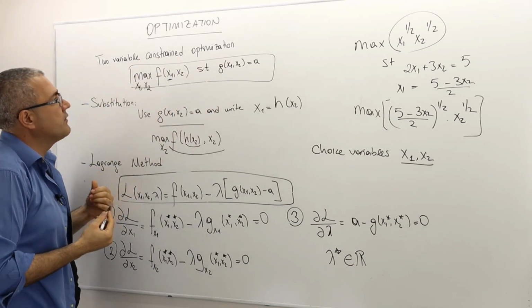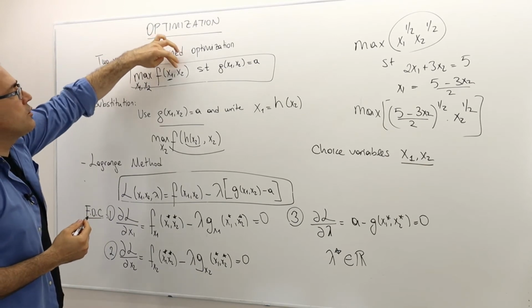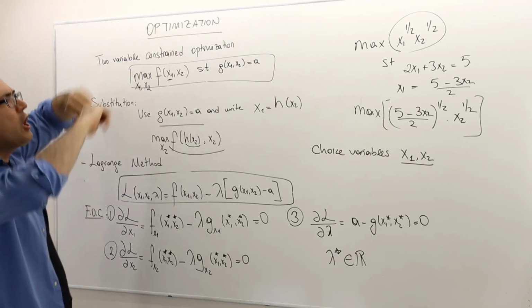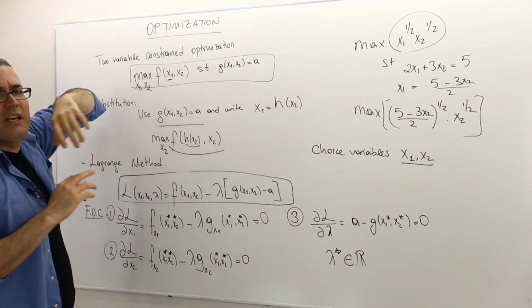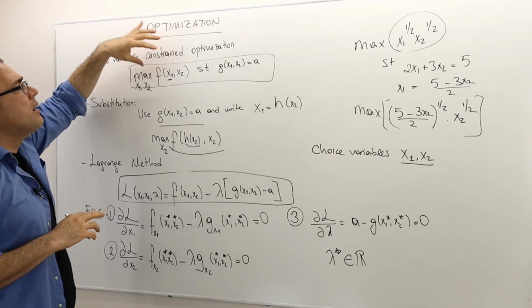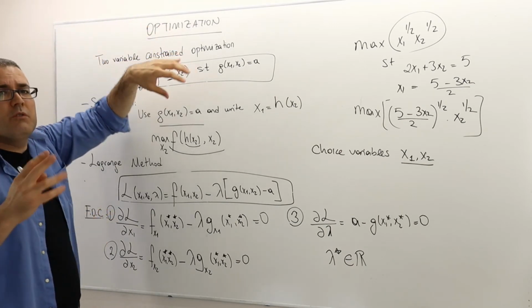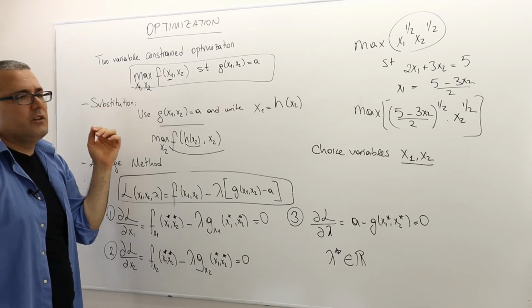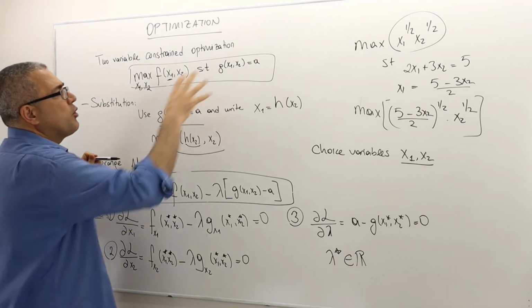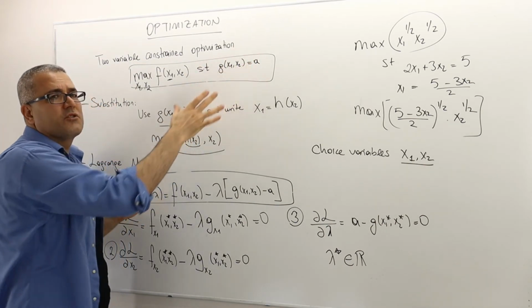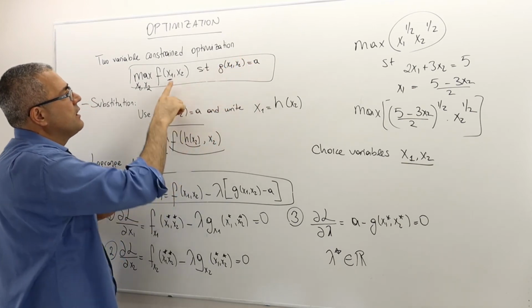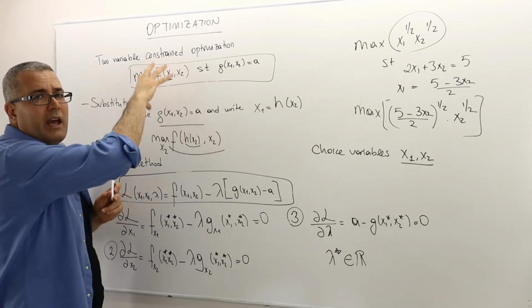Well, here is the reasoning. You can choose x1 and x2 so large that f can take a very huge value. But choosing x1 and x2 as you wish is probably going to violate your constraint. Your constraint says, I want to maximize my f.